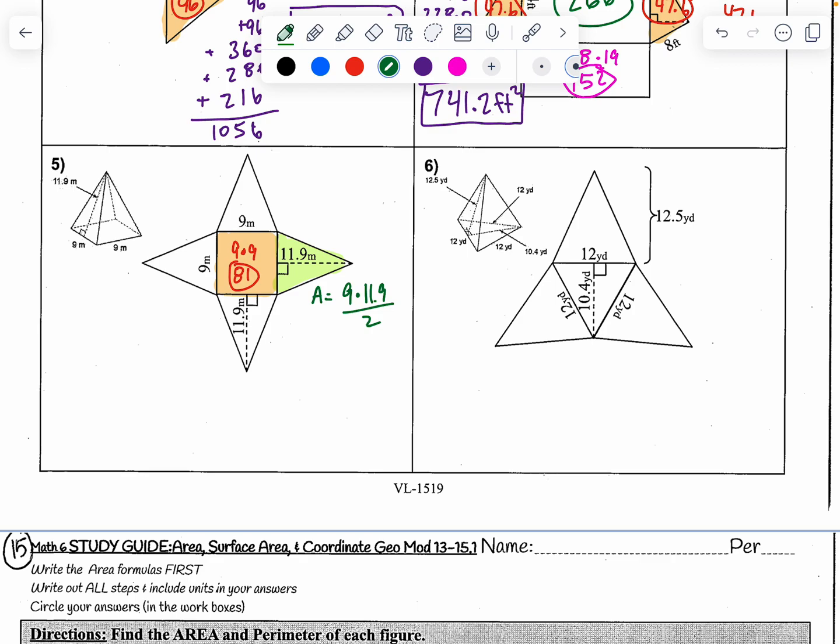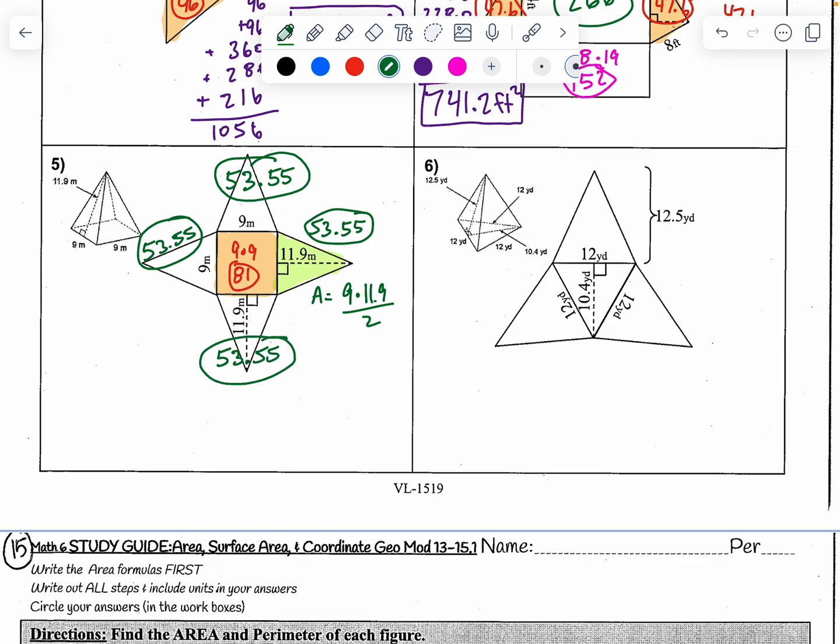And it's a yucky number because I can't do it in my head at all. 107.1 divided by 2, which gives me 53.55. So I'm just going to write that over here, 53.55. Which means this is also 53.55, 53.55, and 53.55. I don't have to write that.